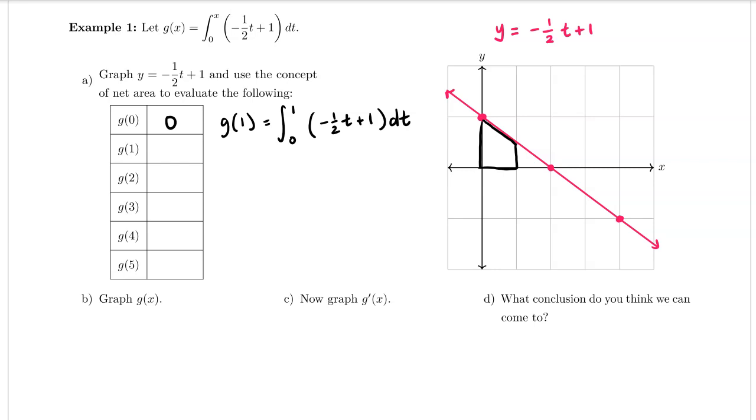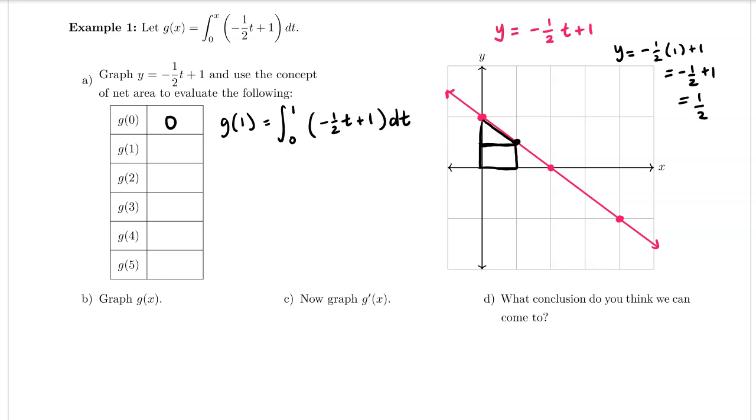What you could also do is split this up so that the top portion is a triangle and the bottom portion is a rectangle. So in order to figure out the area of the triangle and the rectangle, we need to figure out this value. In other words, that's the value we get when we plug in 1 into our linear function. Negative 1/2 times 1 plus 1 ends up giving us 1/2.